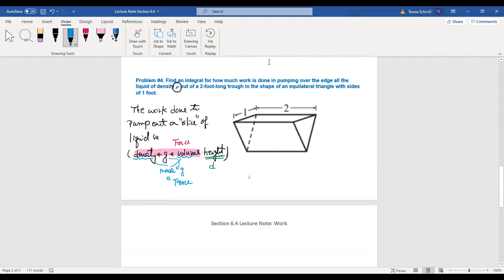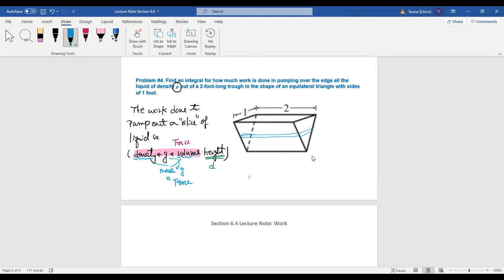All right, so let me do a picture. Maybe let's try to solve these problems here. Let me say, imagine here. I hope I can do this well. So imagine this is the thin slice. This is the thin slice of the water.